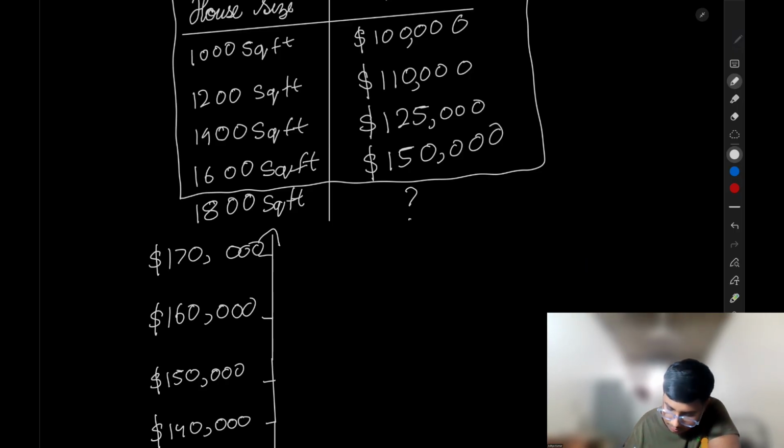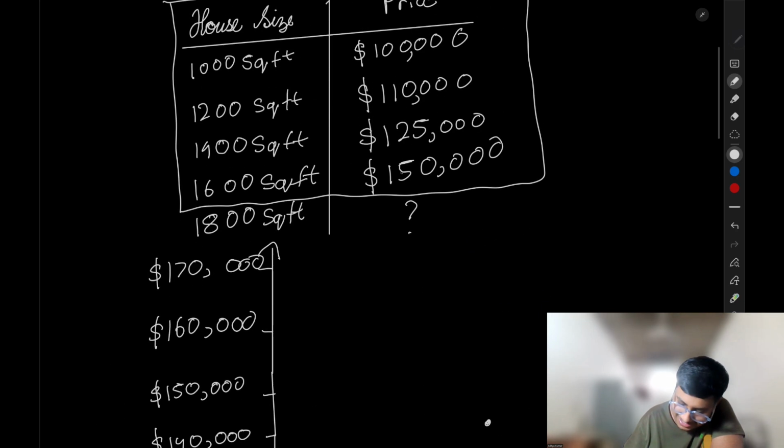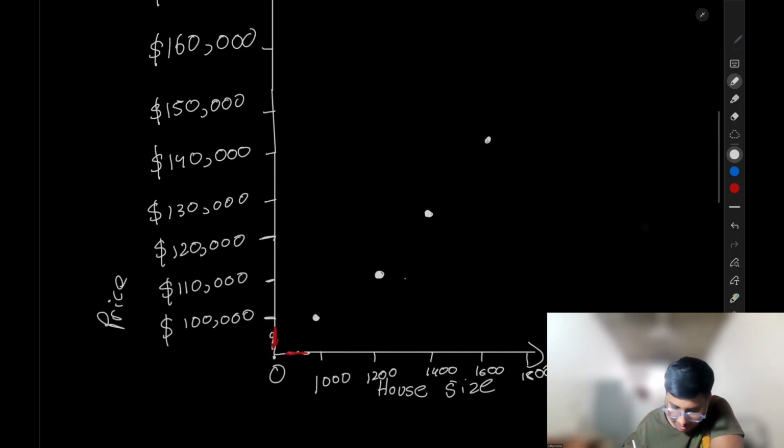For 1,600 square feet, it is $150,000. Let's reduce it to $140,000 because we want the graph to make sense also. Now we have to predict for 1,800.